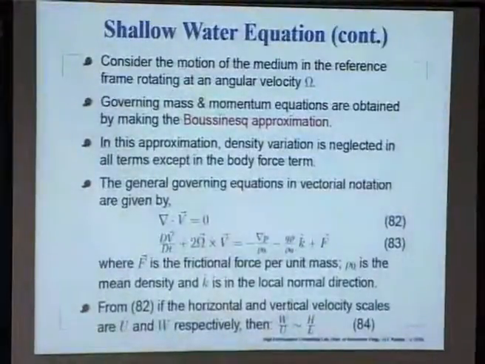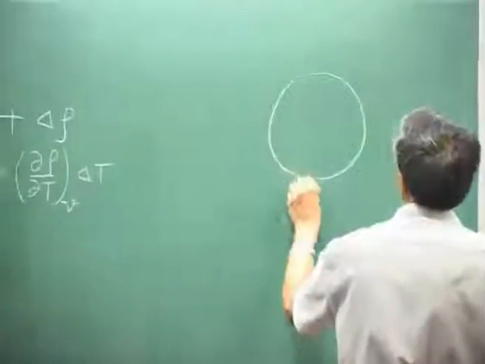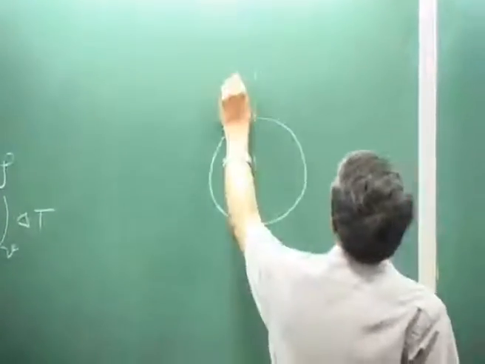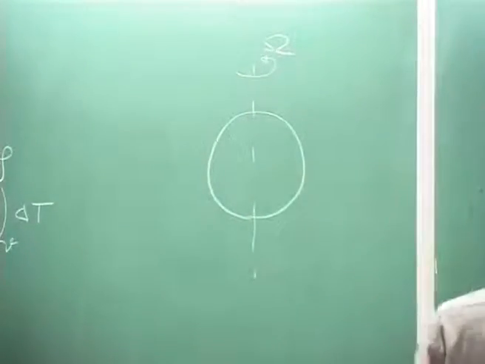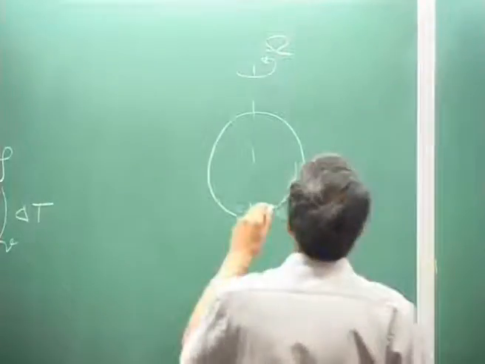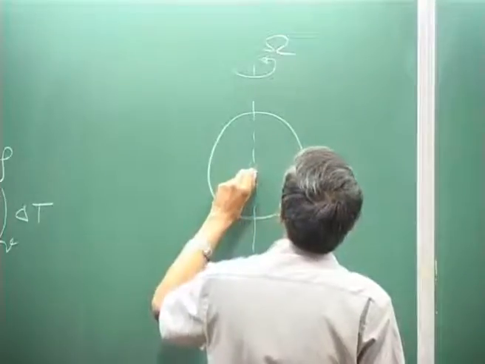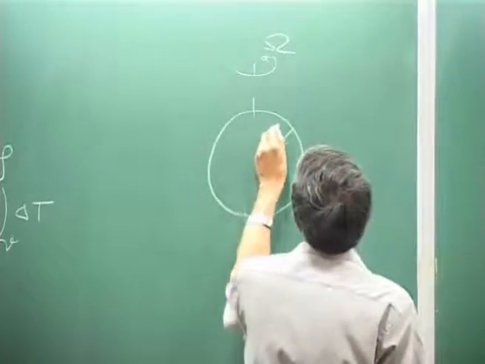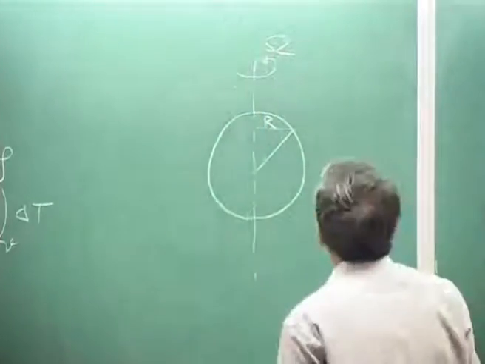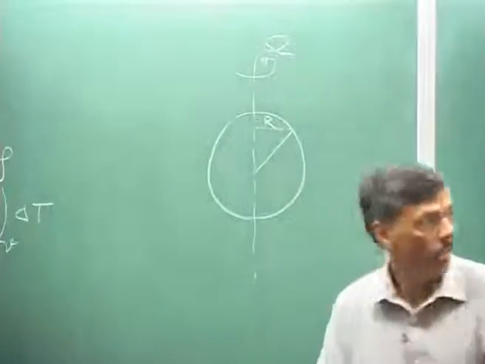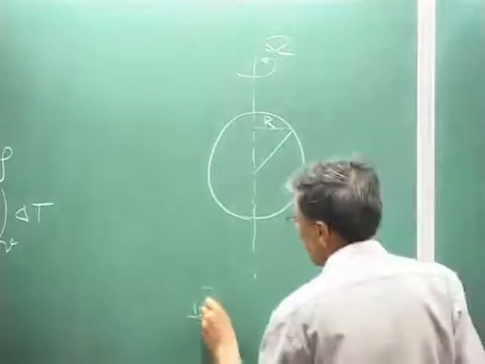I am asking you the following. Let us say this is your Earth rotating with this angular velocity here. If I look at a location here which is at a distance, say capital R, from this axis of rotation, then there would be a centrifugal term which should be like this.